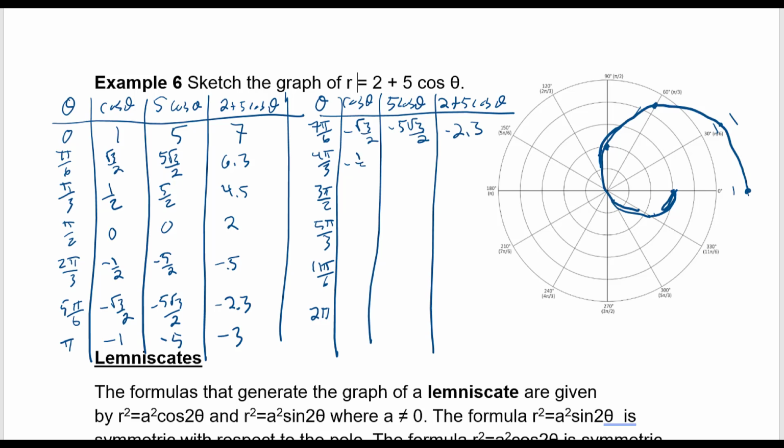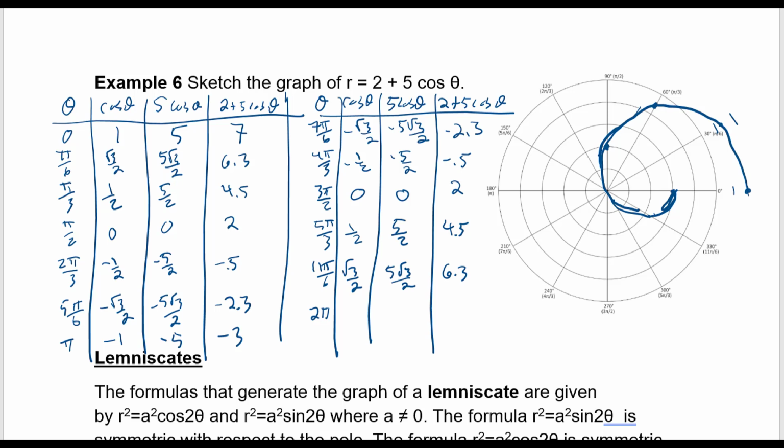Then we have negative 1/2 as the cosine of 4 pi over 3, so negative 5 halves, and 2 plus that is negative 0.5. 3 pi over 2 gives 0, 5 times that's 0, so we get 2. For 5 pi over 3, now we're in the fourth quadrant, cosine is 1/2, so 5 times that is 5 halves, and adding 2, we are at 4.5. 11 pi over 6: cosine of that is square root of 3 over 2, 5 times that is 5 root 3 over 2, and 2 plus that is around 6.3.